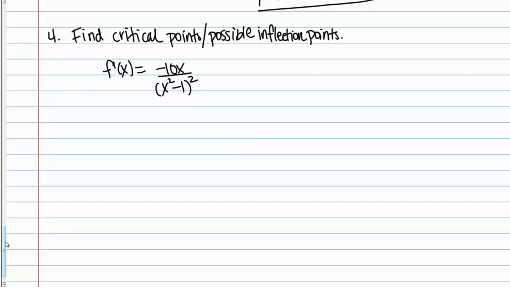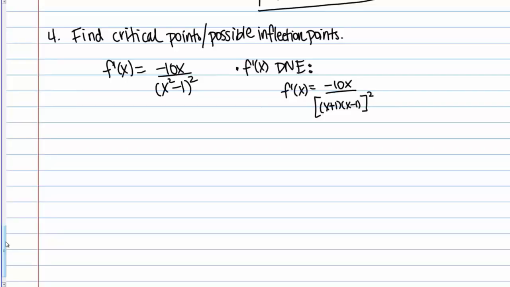So first let's think about the points where f prime of x does not exist. Okay, so I can also write this as f prime of x equals negative 10x over x plus 1, x minus 1 quantity squared in the denominator, if I just factor that back how it was originally.